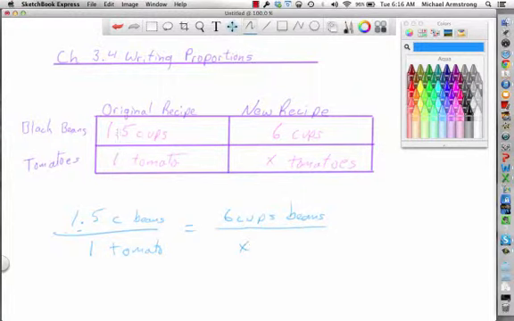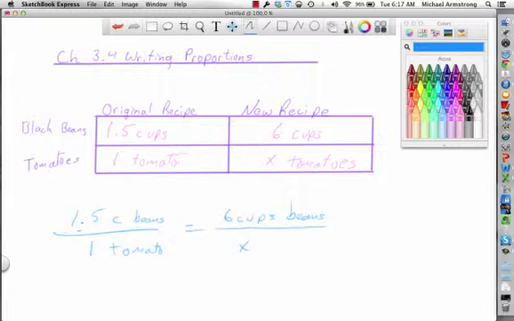So you can see that our table actually mirrors our proportions. Now these look like fractions, but it looks exactly the same as what we had in the table. Our cups of beans are on top and our tomatoes are on the bottom. And we know that there's more beans than tomatoes as far as units go. And so we're probably going to have, I would guess, 4 here, but we still have to do the math.